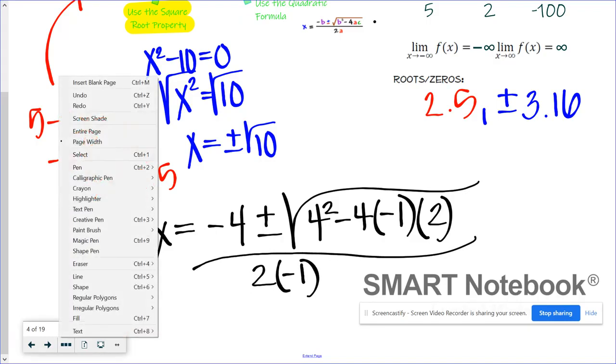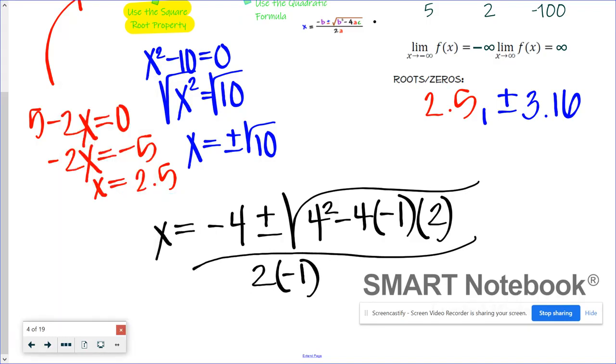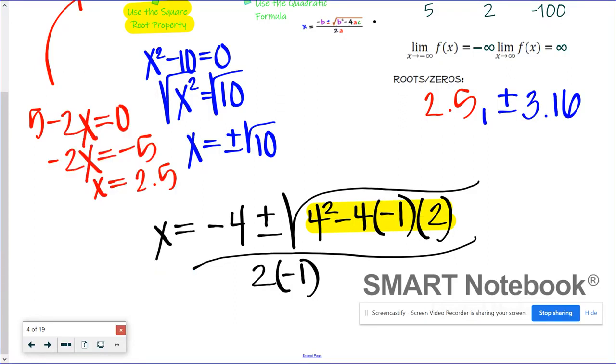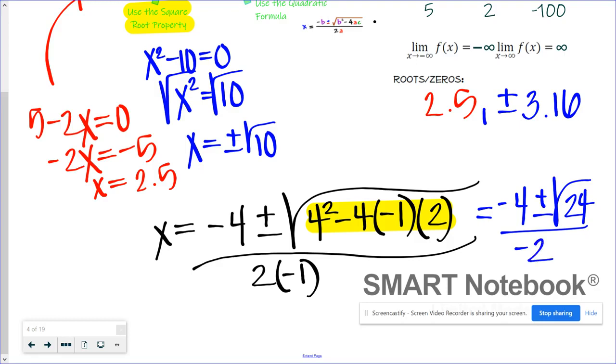Now, I am a perfectionist, so I usually figure out what is inside the square root before I do any decimal calculations. So I would have negative 4 plus or minus the square root of, calculate that, use your calculator, you get 24, and this is all over negative 2.